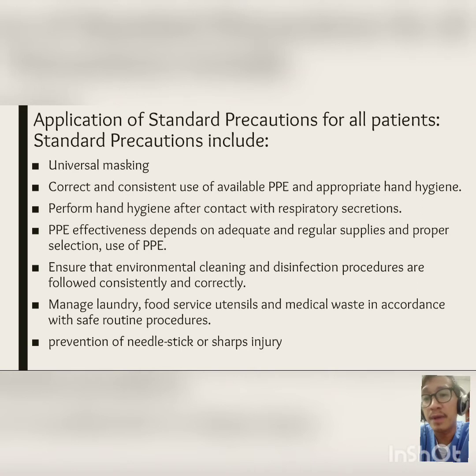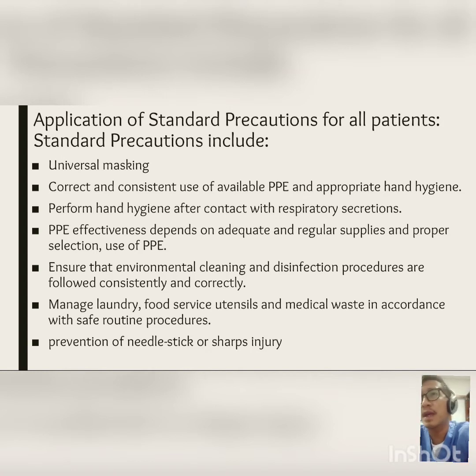Now, we have PPE that is very important to wear depending on the case of our patient, okay? If the patient is on droplet, contact, or airborne precaution. Next, we ensure that environmental cleaning and disinfection procedures are followed consistently and correctly. Manage laundry, food service utensils, and medical waste in accordance with safe routine procedures.